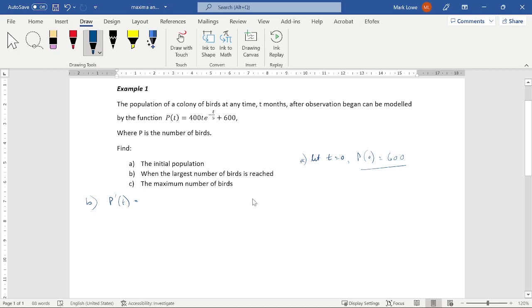So if we've got u equaling 400t, then u dash would be 400, v would be e to the negative t over 5, so v dash would be negative 1 over 5 e to the negative t over 5.